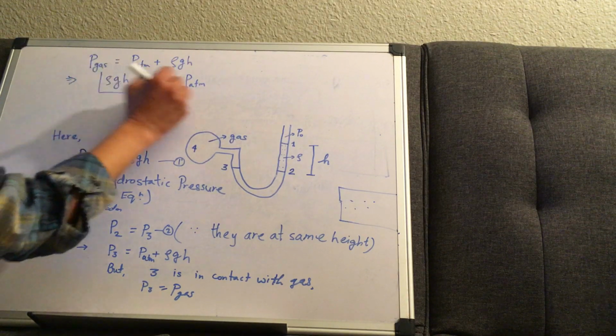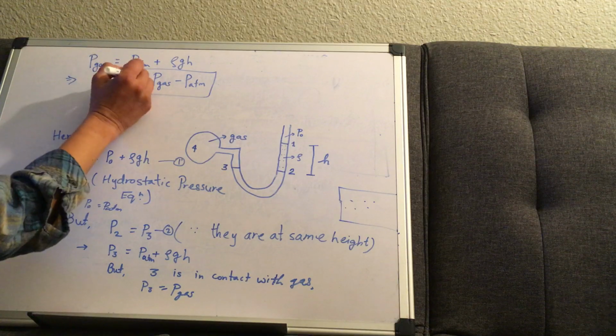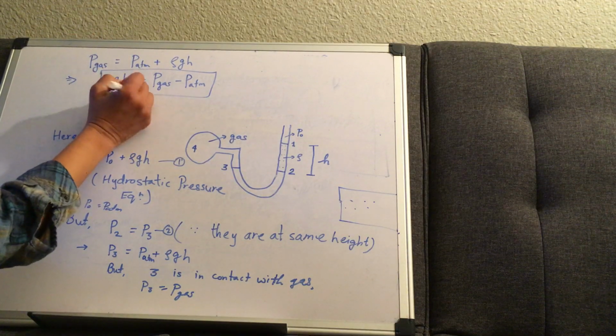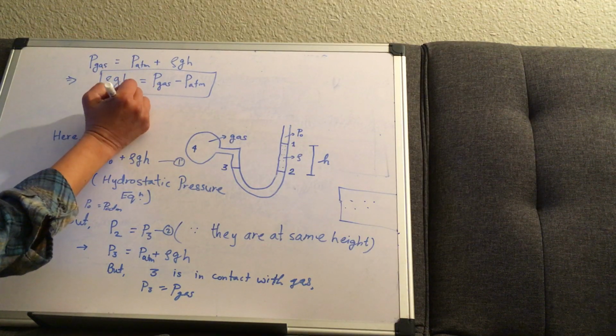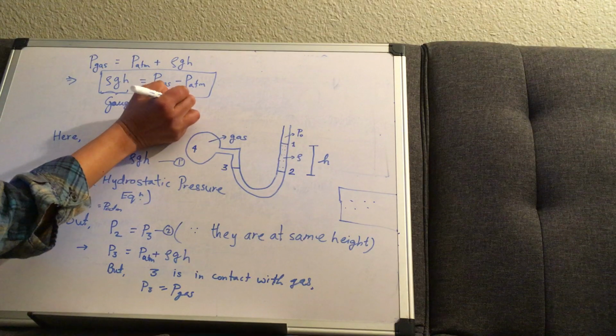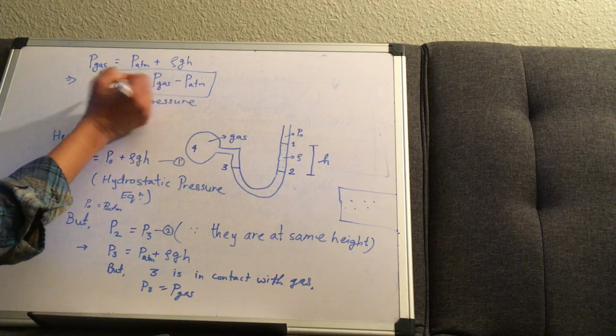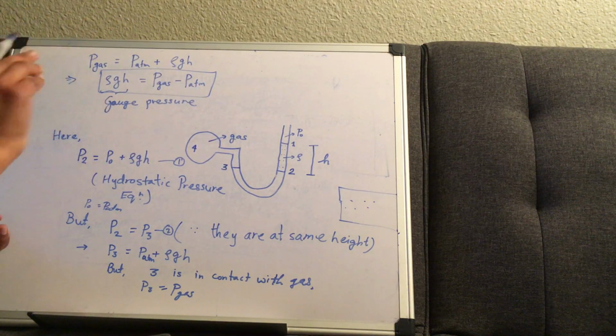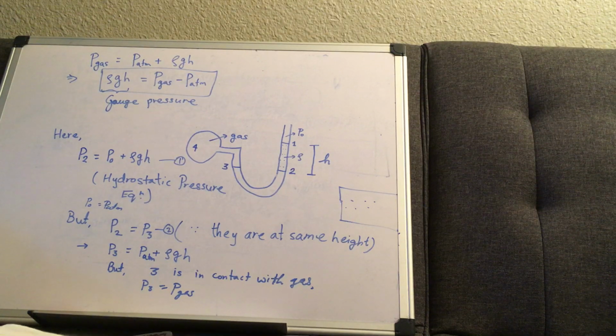So this quantity here is usually called the gauge pressure, G-A-U-G-E, gauge pressure. So this is different from atmospheric pressure. Okay, gauge pressure is not the same as atmospheric pressure.